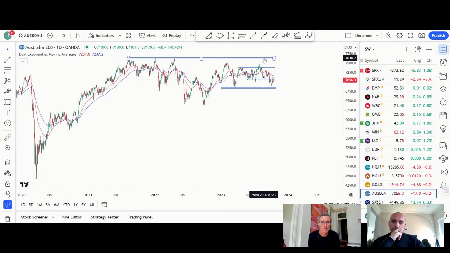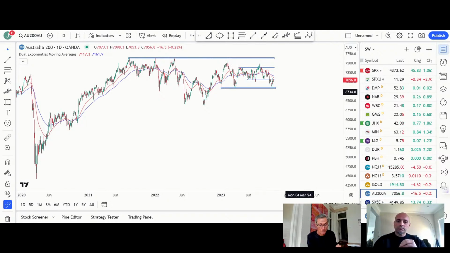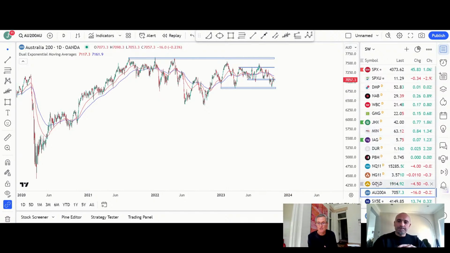It's probably a case of when, really, isn't it? At some point, it should break above 7,600. We just don't know whether it's this year, next year, the year after, or when it may be. It's a case of wait and see. But this is how I'd use support and resistance and double tops to try and look for those opportunities.